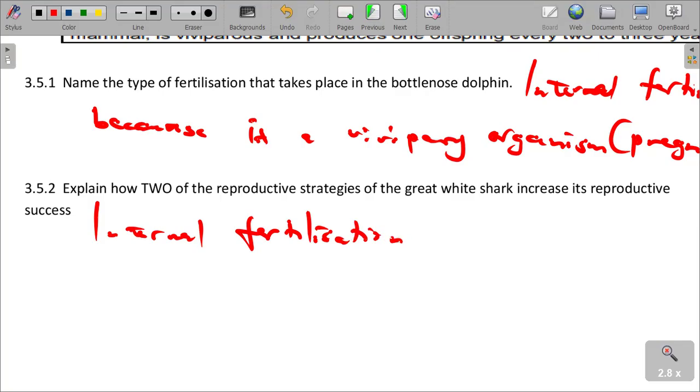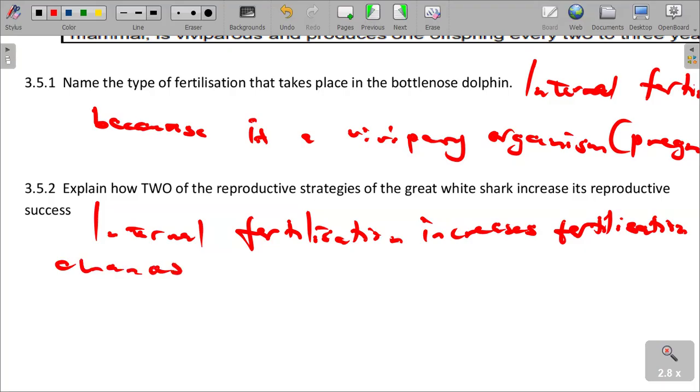What does it do? It increases the chances of fertilization.